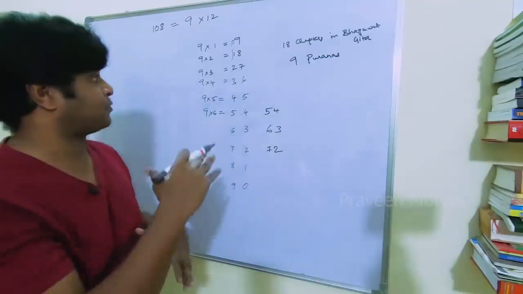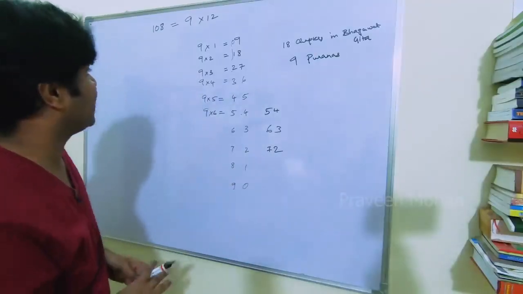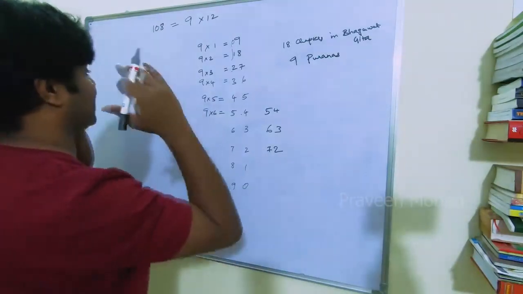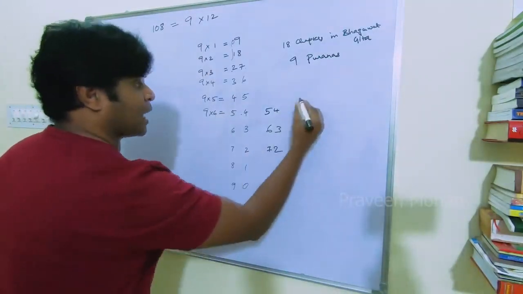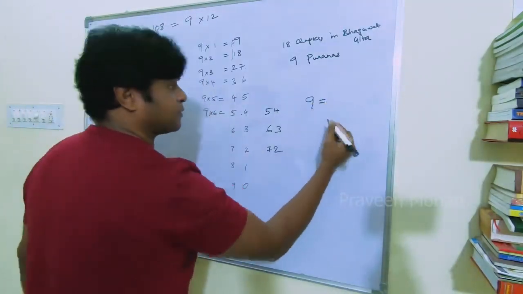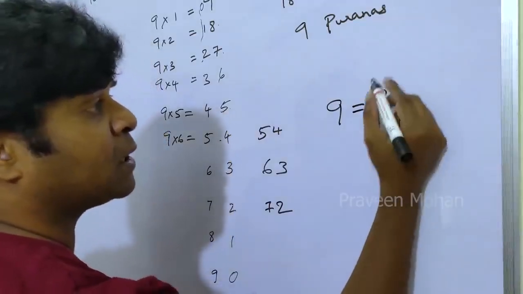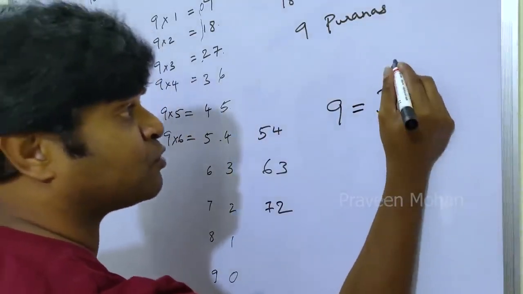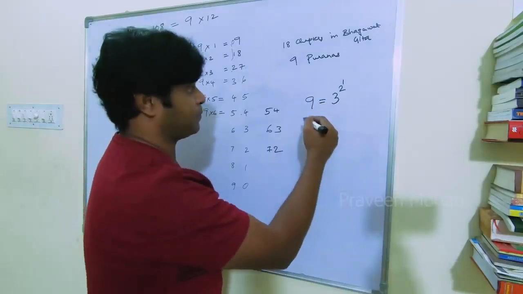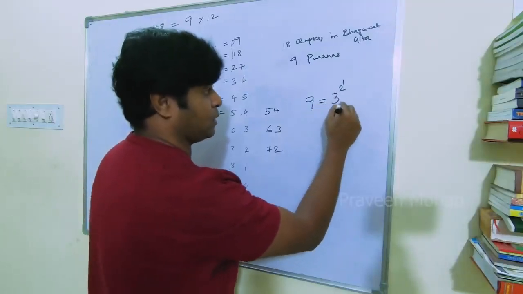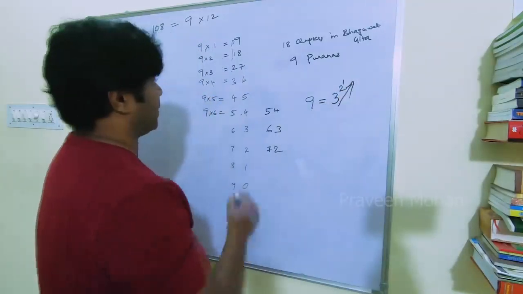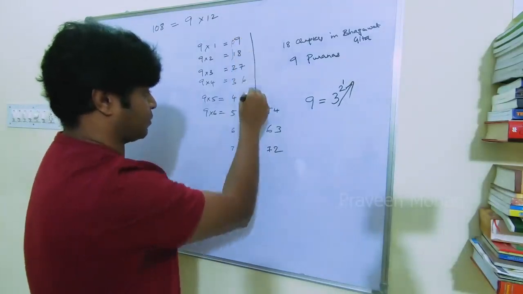The number 9 has these weird properties. And it's interesting to think about this because number 9 can be represented as 3 raised to the power of 2 raised to the power of 1. That's a very interesting way to represent 9. But let's look at these tables, right?